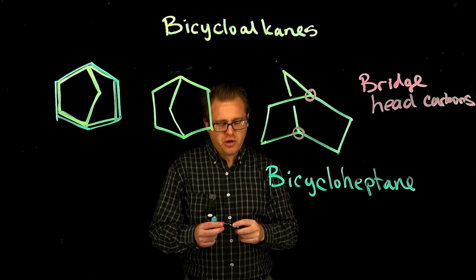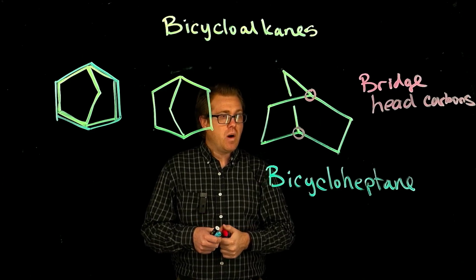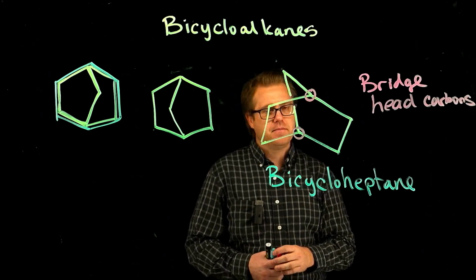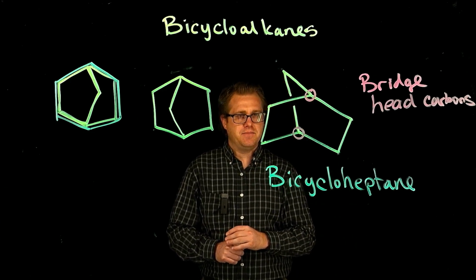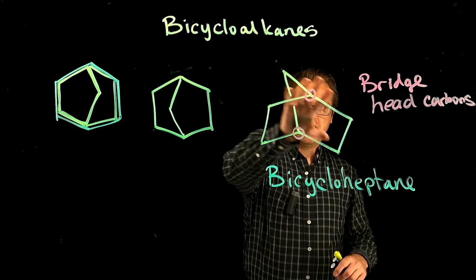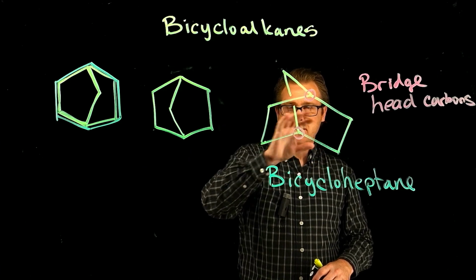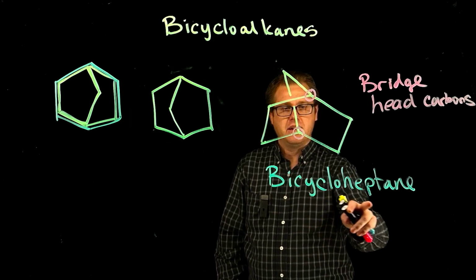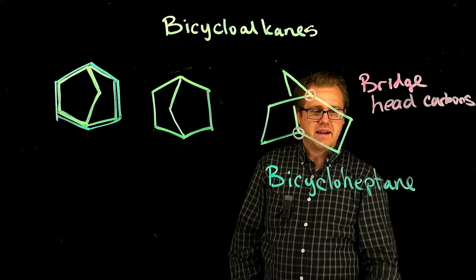And we will get to it momentarily. How do I know those are bridgehead carbons? We'll get there in a second. When you look at a compound with two or more rings, it looks a little funky, and we call it a bicycloheptane.